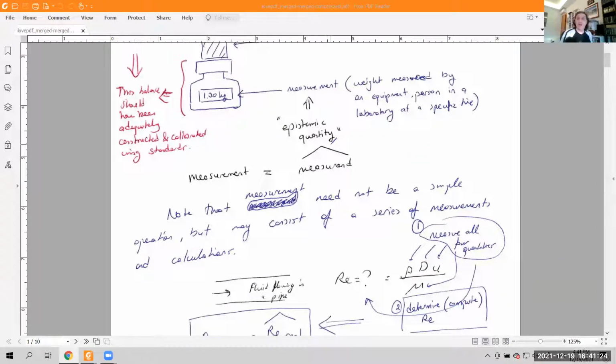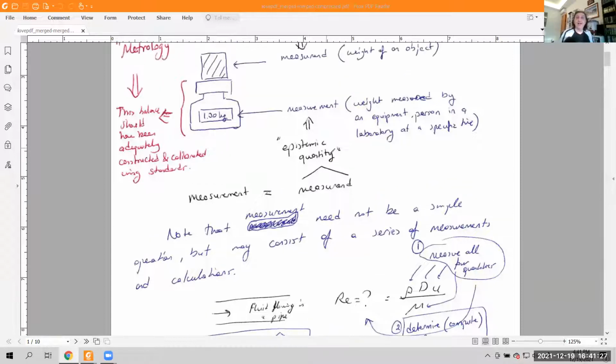So referring to statistics, our measurement is an estimate of our measurand. That's why I put a hat ahead. Think about the population parameters and sample statistics. This left-hand side would be a kind of sample statistic, an estimator of the population parameter.